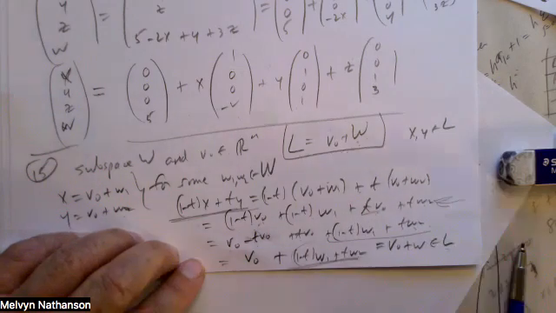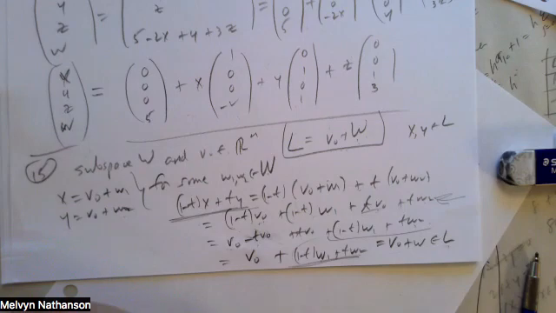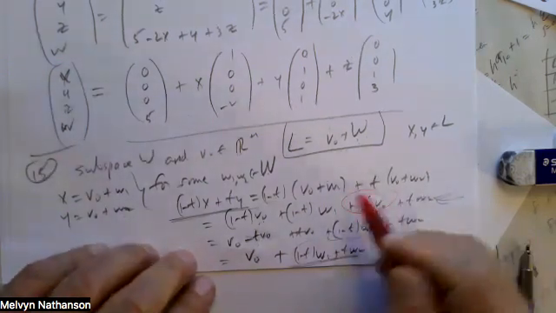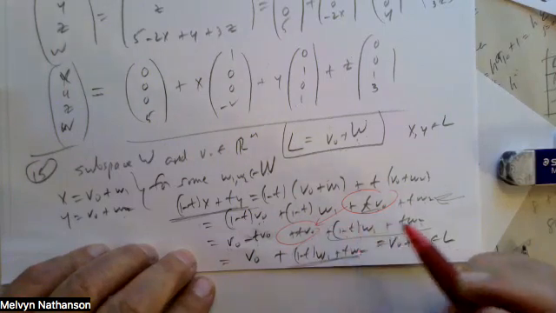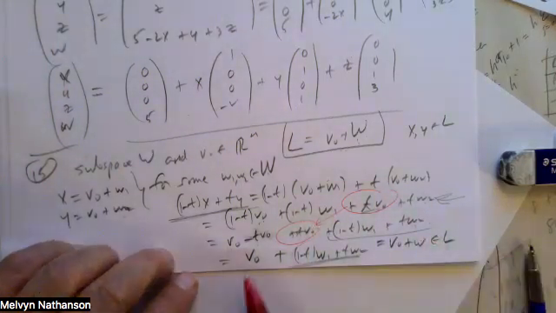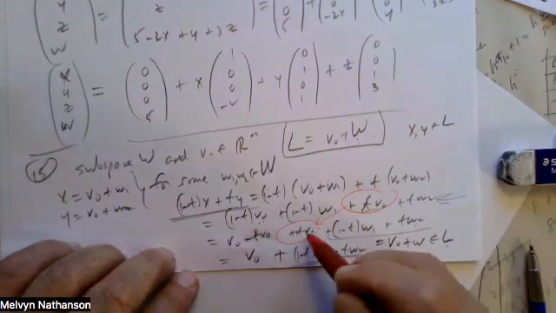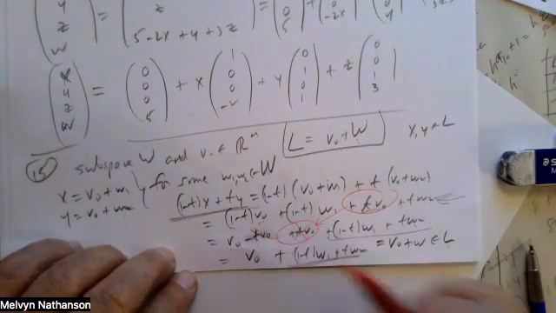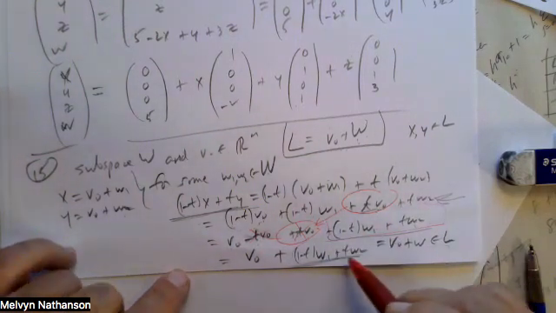And then over here, I have plus T V naught. So I just put that here, right? And then this is this, and this is this. But minus T V naught plus T V naught, they cancel. I'm left with just V naught plus the sum of these two vectors.